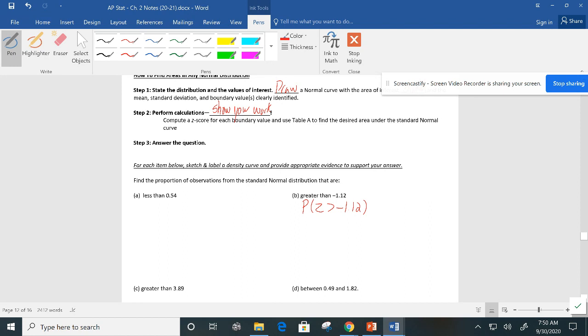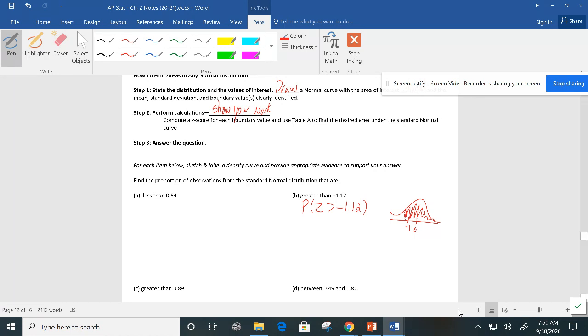Like I said, I'll always draw in a quick sketch so I know what I'm talking about. Here's 0, my mean. Here would be negative 1. So basically what I'm looking for is greater than negative 1.12. So I'm looking for that area there, which means I should be getting something that's significantly higher than 50%.